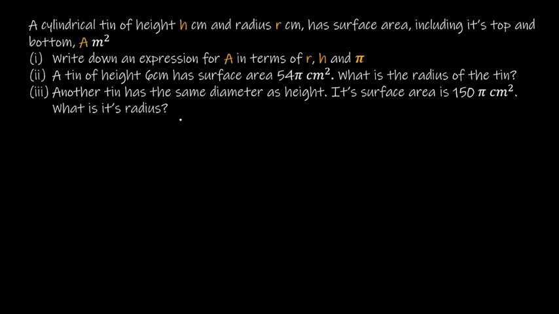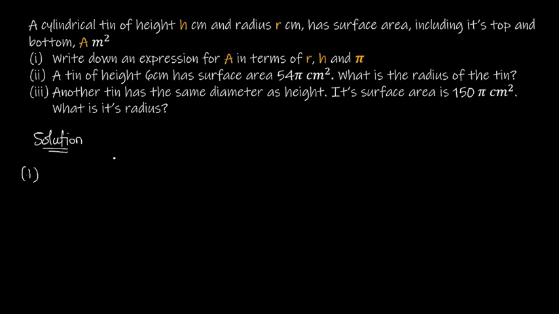What is its radius? Alright, so let's go ahead and try our hands on this problem. So we're told that a cylindrical tin has a height h centimeters and radius r centimeters, and the surface area includes both the top and the bottom. So part I is demanding that we write an expression for the area in terms of the radius, the height, and pi.